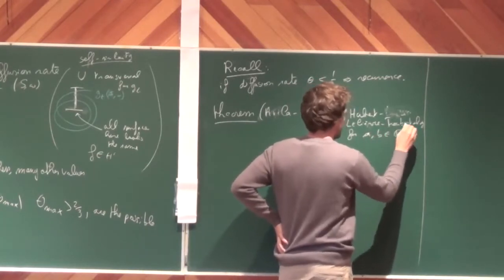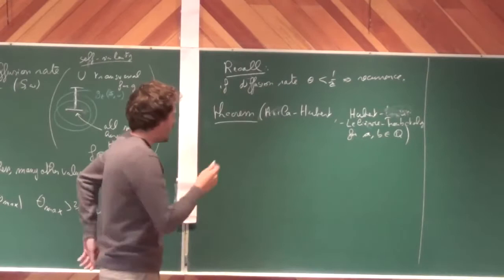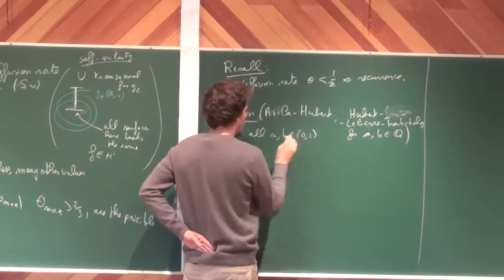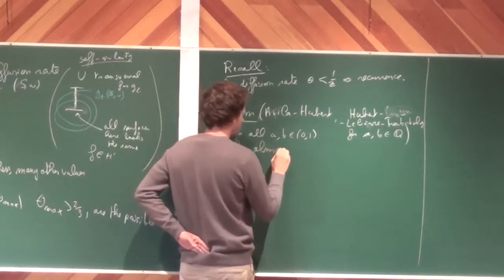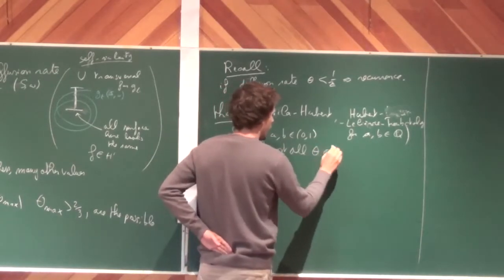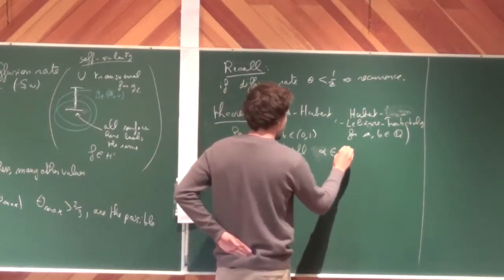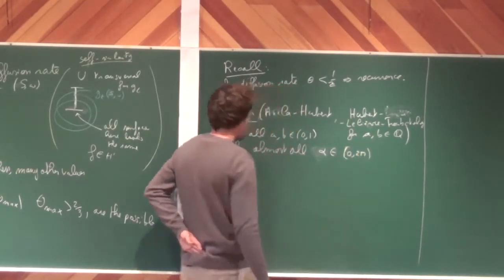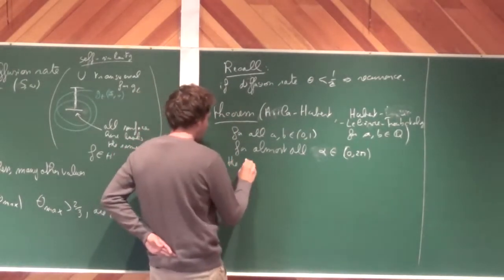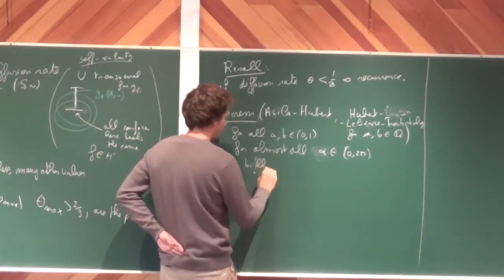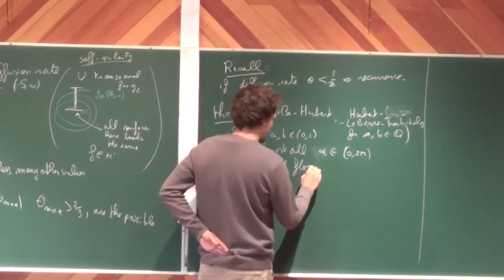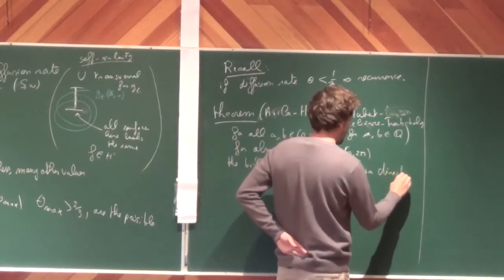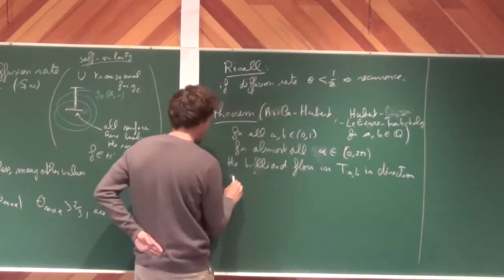The statement is simple: for all ADs, for almost all angles alpha, the billiard flow in TAB in direction alpha is recurrent.